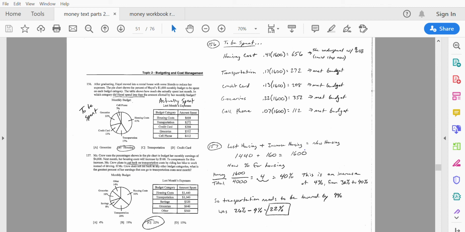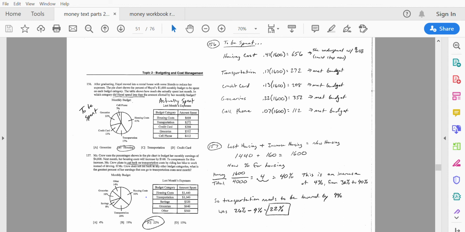Now it's going to be 40. So this is an increase of 4%. Okay, so that means transportation is going to be lowered by 4%. Okay, so the transportation was 26%. I'm going to lower that by 4%, which brings us to 22%.